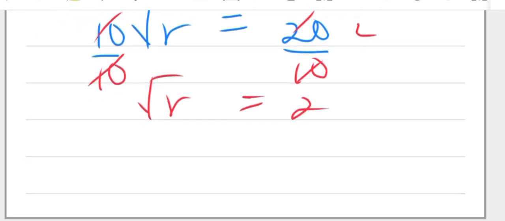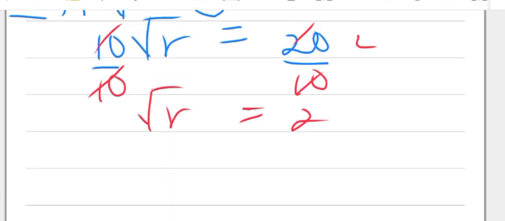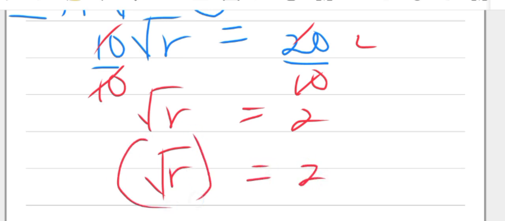Remember, we are still looking for r, not root r. So we square both sides of the equation, to remove the root sign under which the r is operating.